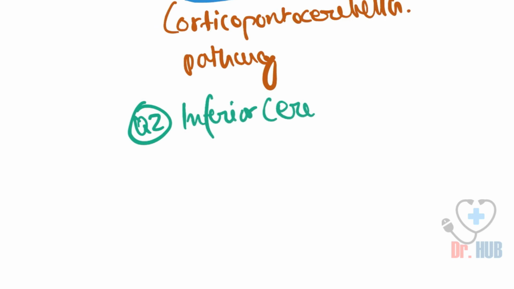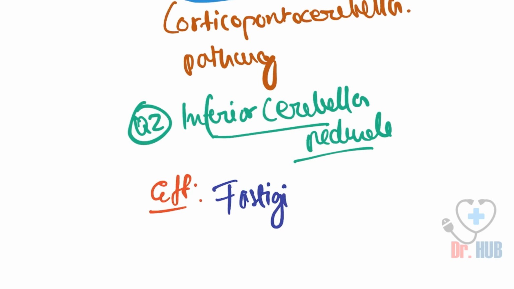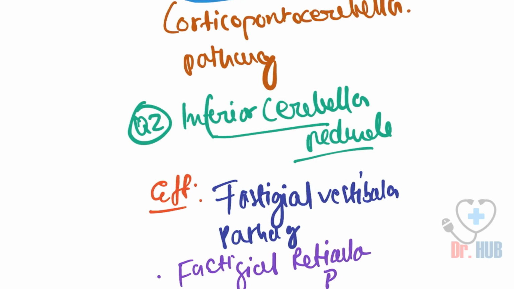We asked for the efferents to be specific. The efferents include the fastigial vestibular pathway. Next, it also includes the fastigial reticular pathway.